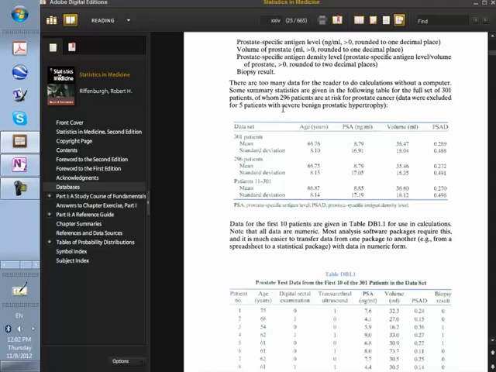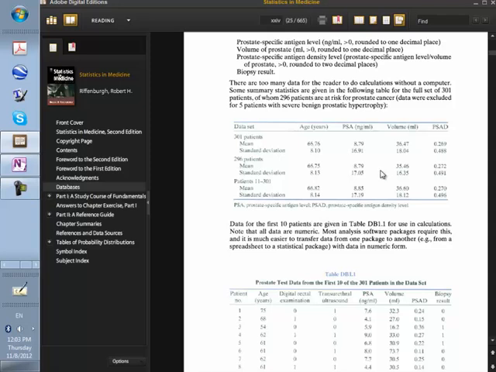Now, 296 patients, and you see them here, this line, were at risk for prostate cancer. Okay, and 5 patients were excluded for that. So for 296, we do have indicators that they may have prostate cancer.